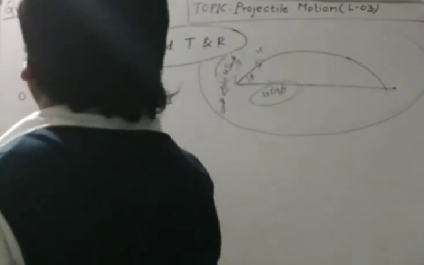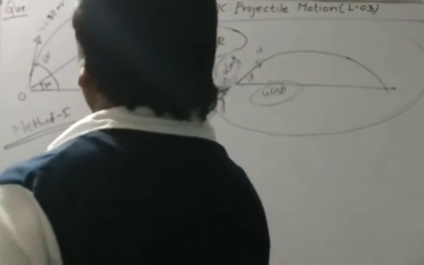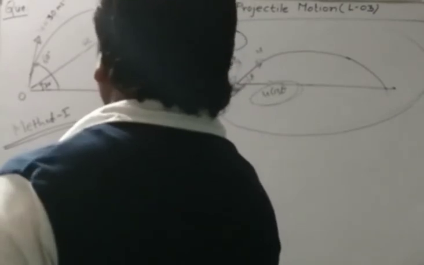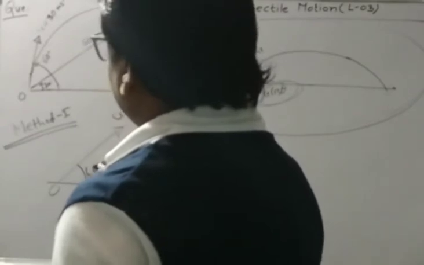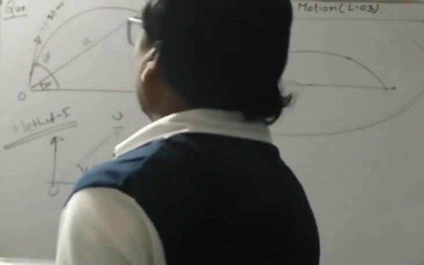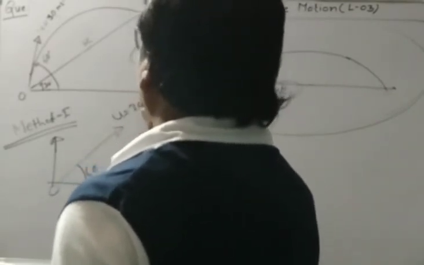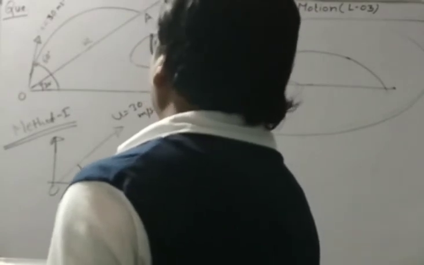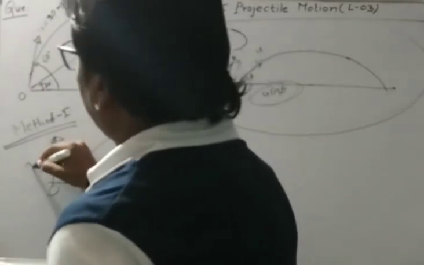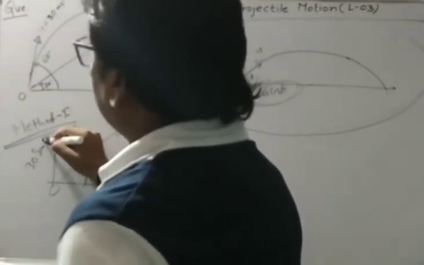So, here suppose this is u, and this line is OB, this is u and this whole angle is 60. Just break this u into two components, where u is 30 meter per second. So, this is 30 cos 60 and this is 30 sin 60.